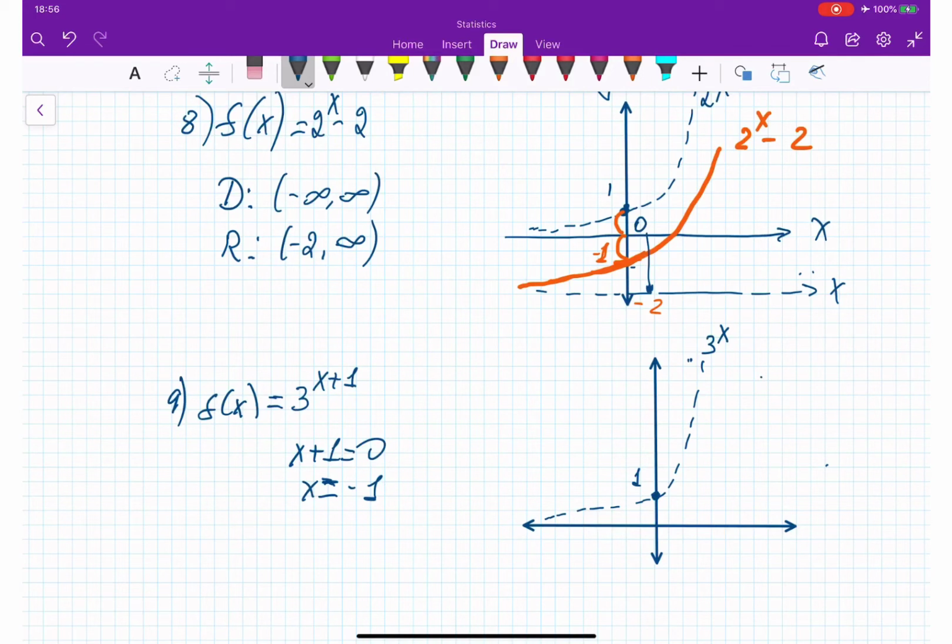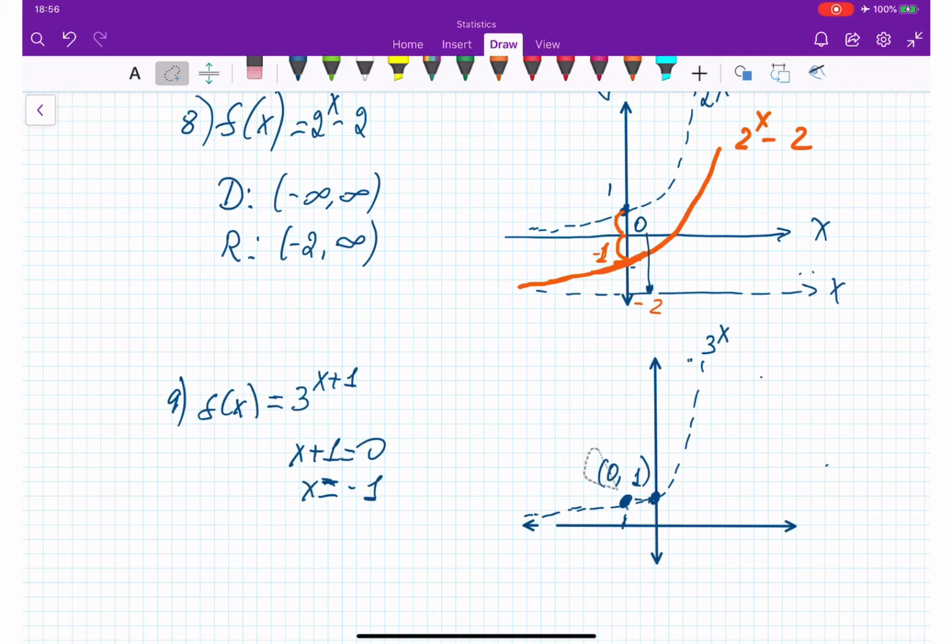Now we need to move by negative 1, correct? So if the coordinate x is 0, y is 1, then if I move by negative 1, this point will move to here.